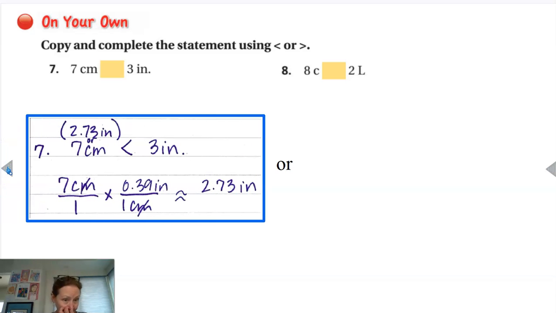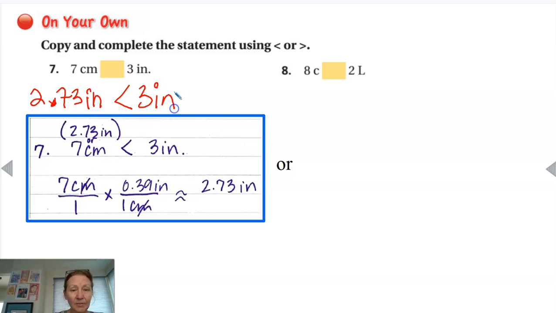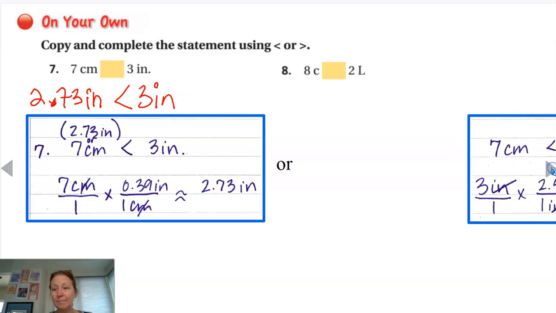Here is the magic of flip charts. The answer is 2.73 inches if you turn it into inches. So 2.73 inches is less than 3 inches. And then we'll take a look at the cups to liters.